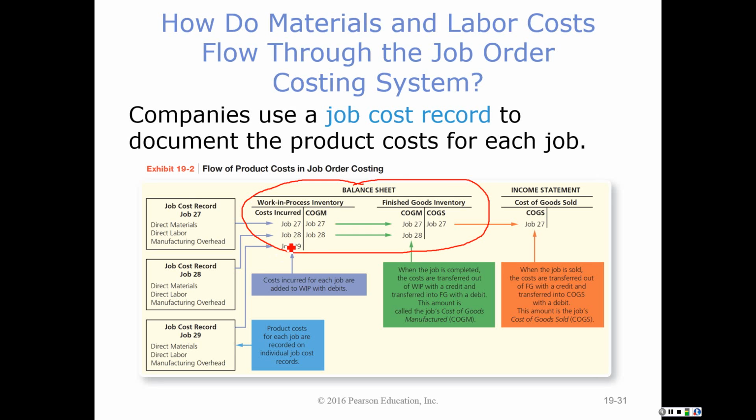Remember, all of those costs were originally debited to work in process. Now we are crediting work in process to show that those jobs have moved out and cost of goods manufactured has been determined. We know the completed cost of this job, and these costs can now be found in the finished goods inventory section of our general ledger.